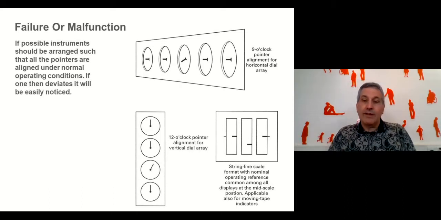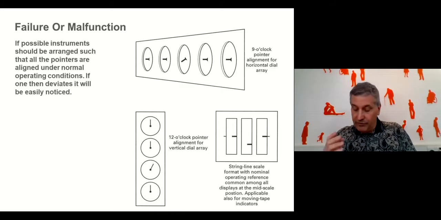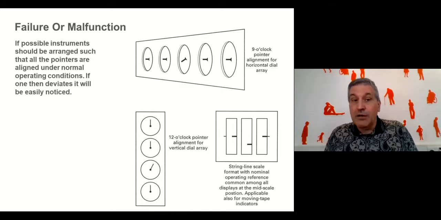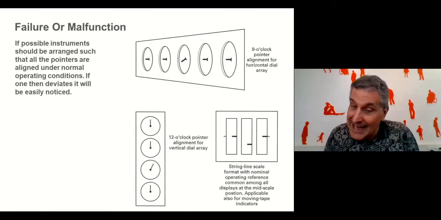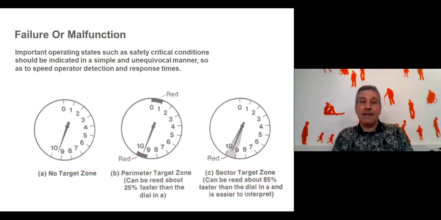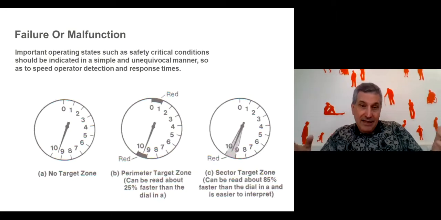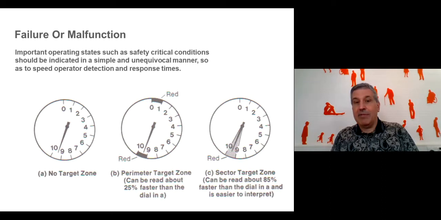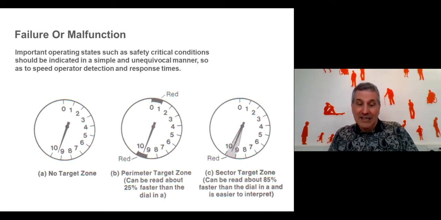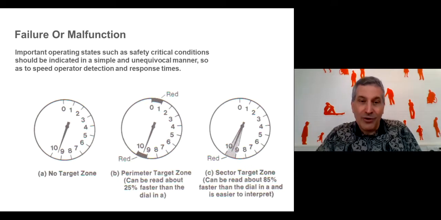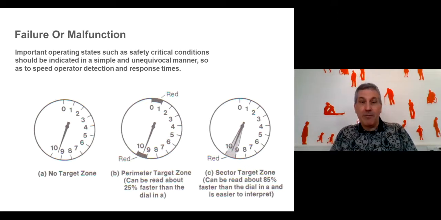So in the olden days, visual alignment was one technique for making malfunction or failure extremely visible and evident to people, even when they weren't paying that close attention to the display. Failure or malfunction is also traditionally indicated by the use of colors such as red, the red zone on your RPM meter on your car, the red zone on the pressure valve of the submarine.